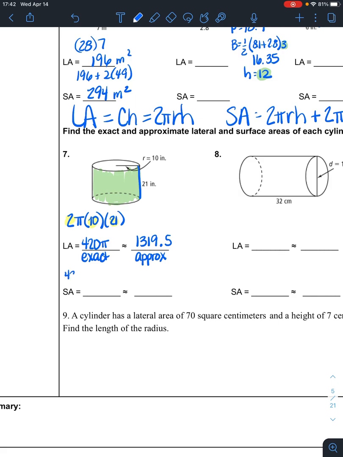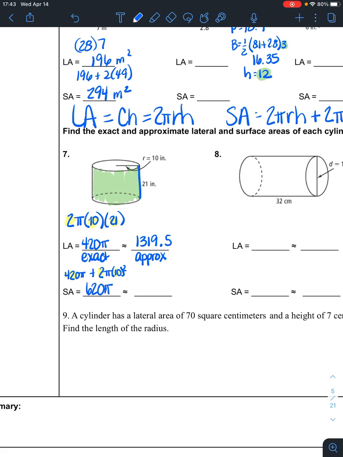Then my surface area, I'm going to take that 420 pi that I originally got, and I'm going to add 2 circles, pi r squared. So I'm going to take the 420 and I'm going to add 2 times 10 squared. So I'm going to take 420 and I'm going to add 200. That's going to give me 620 pi.